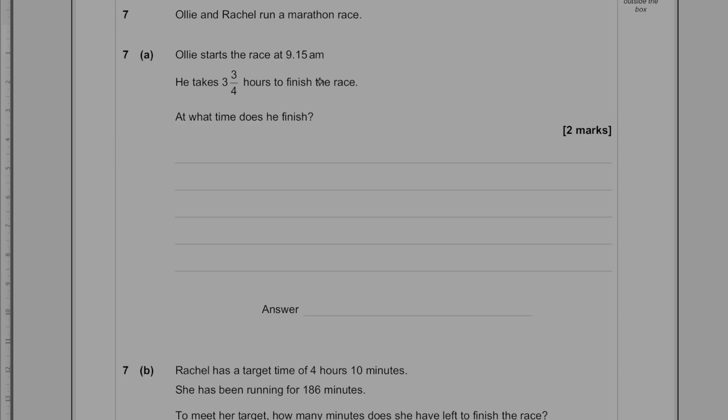So I'm going to do this in chunking. So if I start at 9:15, and then actually I'm going to add 3/4 of an hour. So 3/4 of an hour is 45 minutes. 3/4 is equal to 45 minutes.